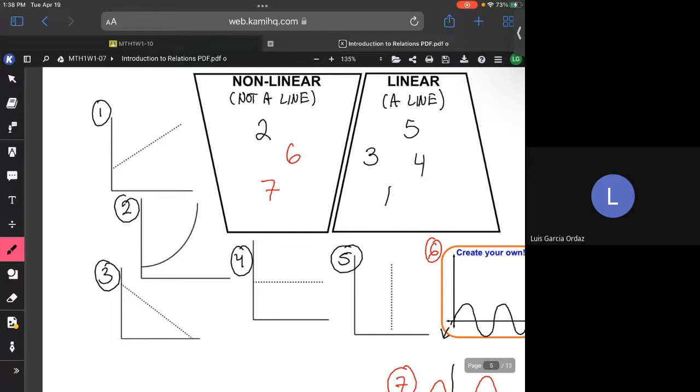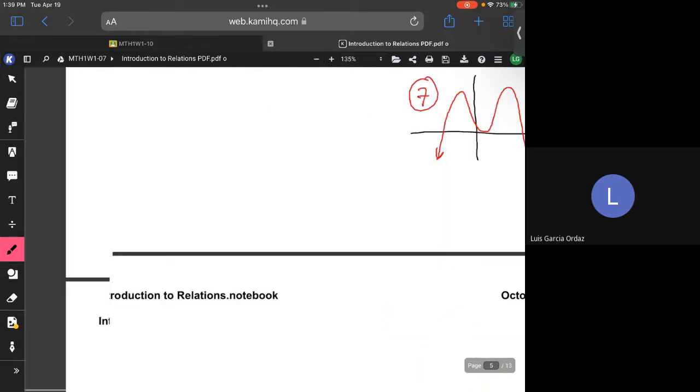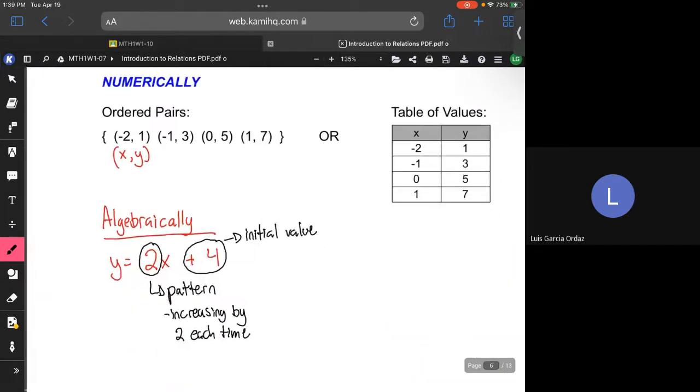Remember, we look at graphs from left to right. So where does it start? What axis is that? Yeah, my graphs usually start on the y-axis. So that number at the end is my initial value. This is where the graph hits the y-axis.